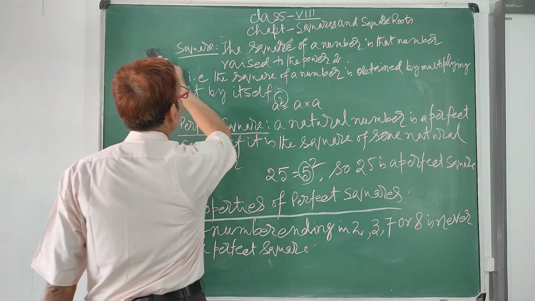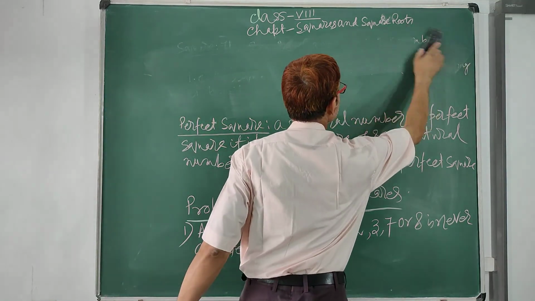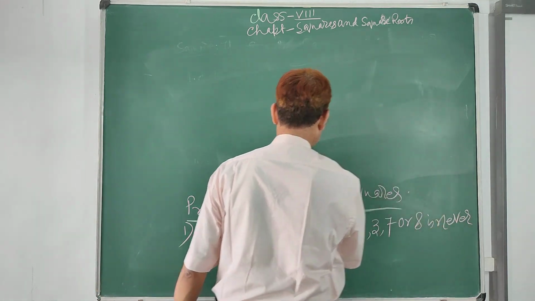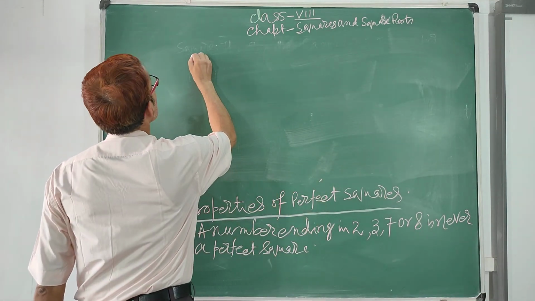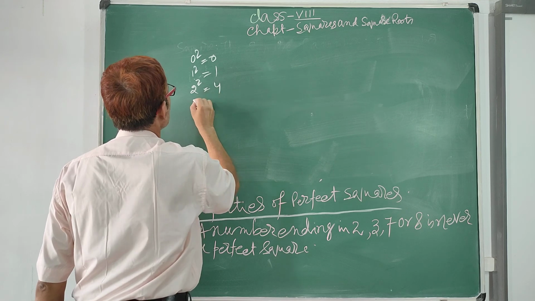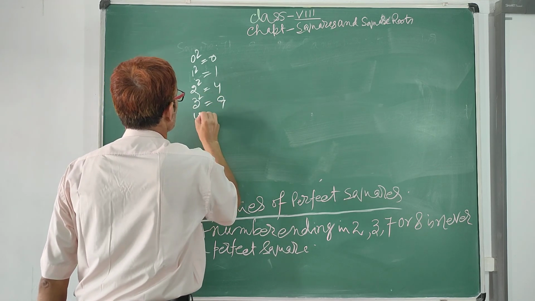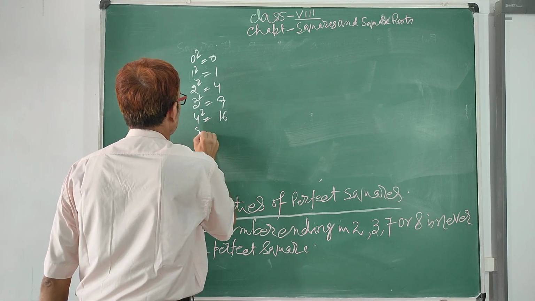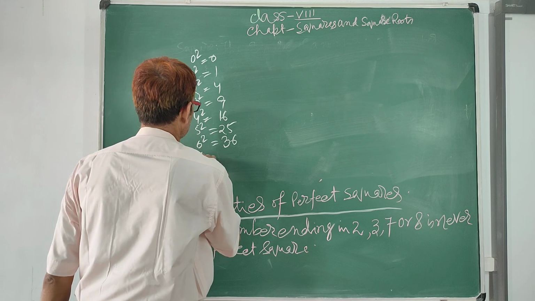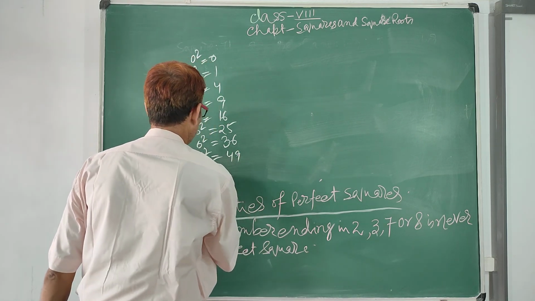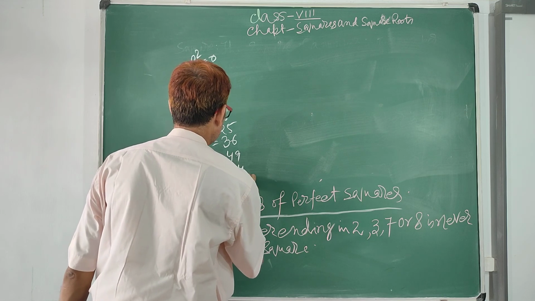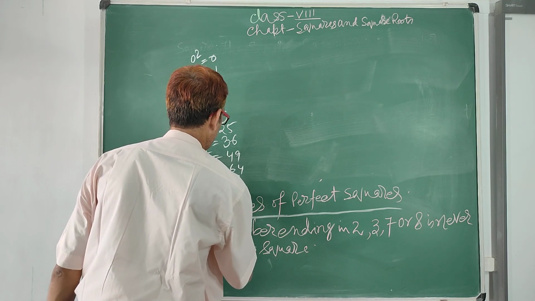Let me clarify it. 0 square equal to 0, 1 square equal to 1, 2 square equal to 4, 3 square equal to 9, 4 square equal to 16, 5 square equal to 25, 6 square equal to 36, 7 square equal to 49, 8 square equal to 64, 9 square equal to 81 and 10 square equal to 100.